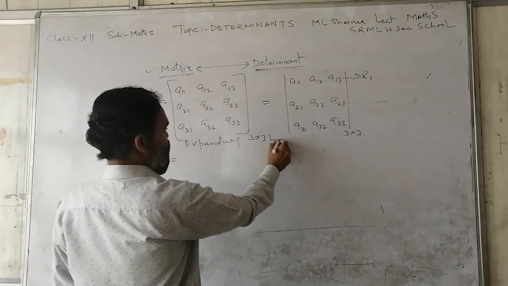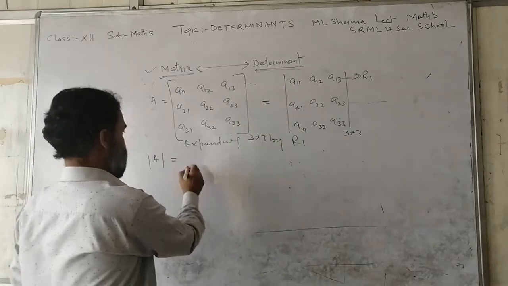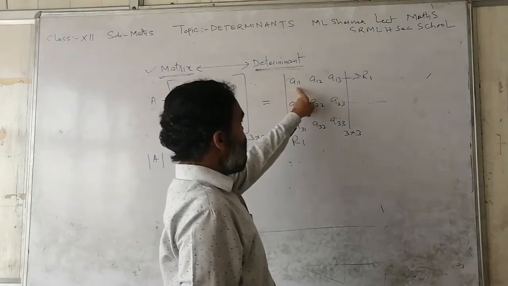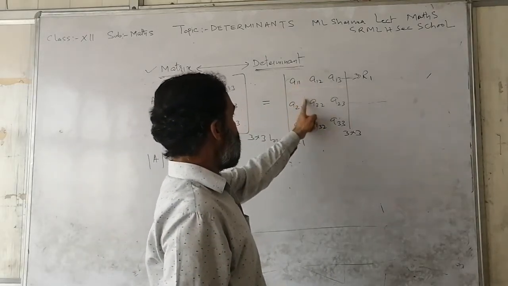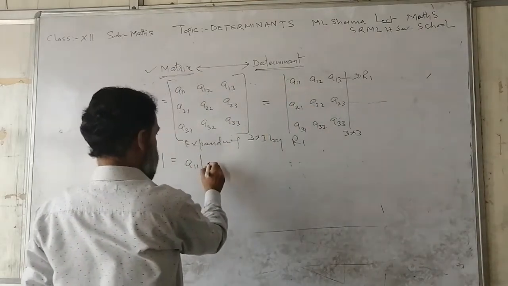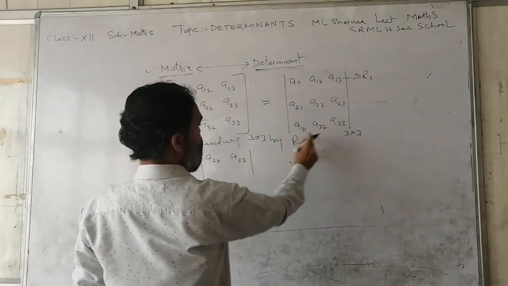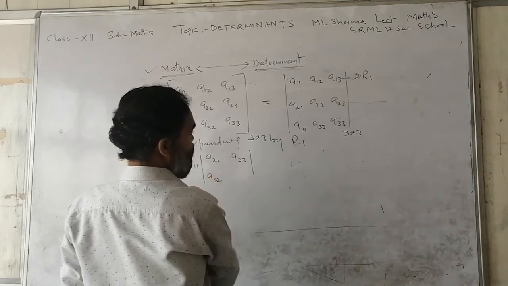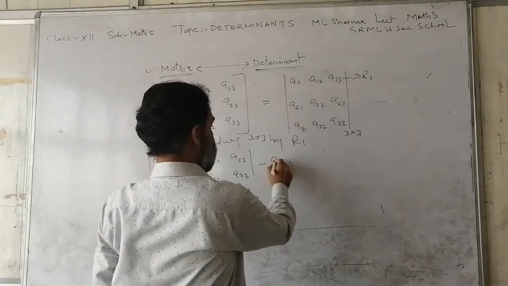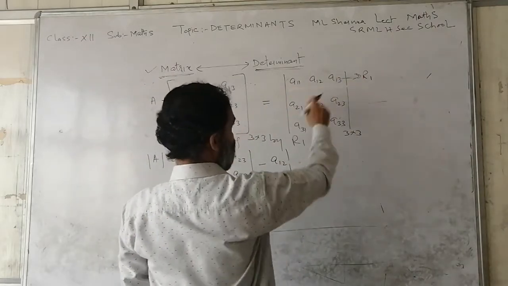this determinant by R1. So I will write the first element, that is A11, and I delete this row and this column. After deleting this row and this column, I will be left with A22, A23, A32, A33. Then a minus sign: the second element in the same row, I will delete this row and this column.